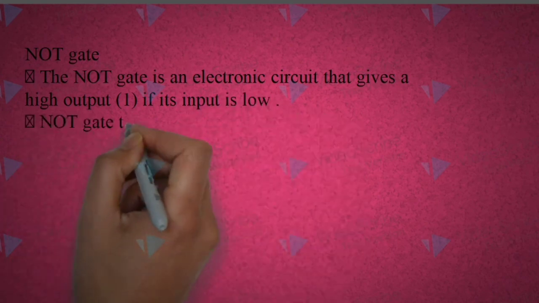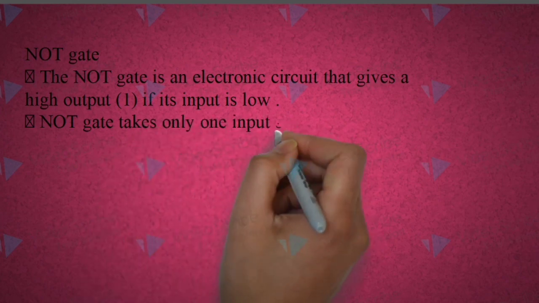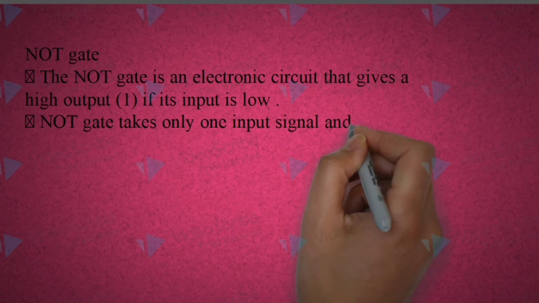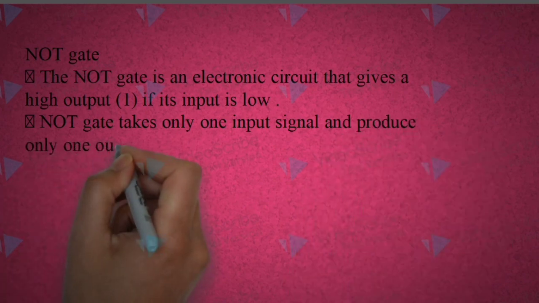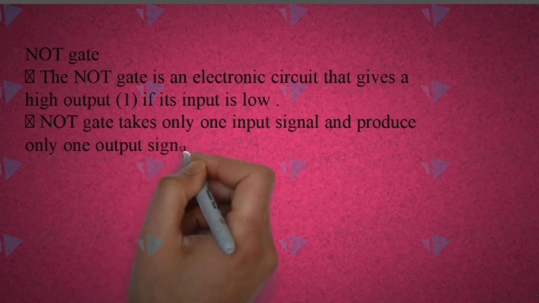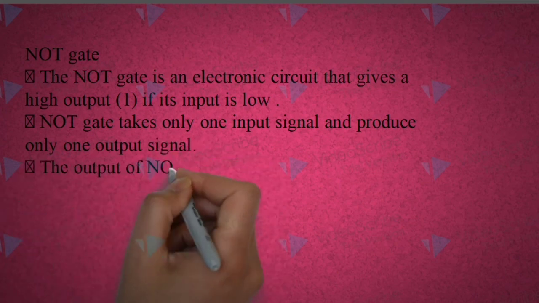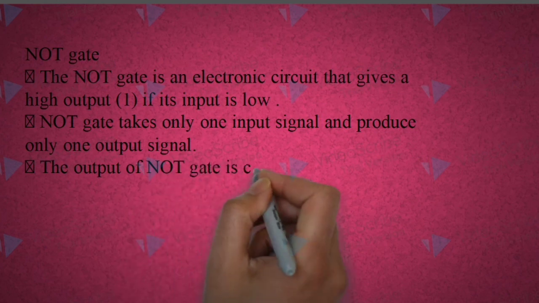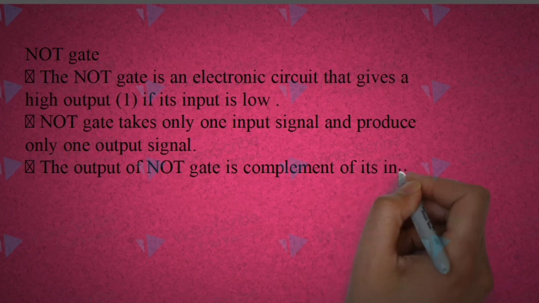It is also known as an inverter since it performs inversion of the input. Let us have the circuit diagram for the NOT gate. The NOT gate can be drawn like this circuit diagram. As I already told you, the output of the NOT gate is the complement of the input signal.